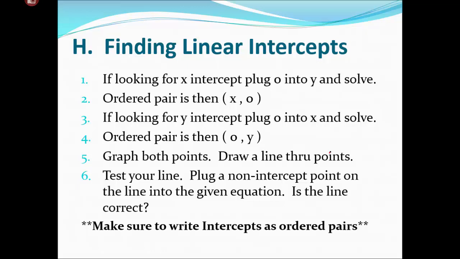If you graph using, let's say, the y-intercept and then you use your slope and it's not the other intercept, even though it's the same exact line, it will count it as wrong because you didn't use the actual intercepts to graph. So just keep that in mind.